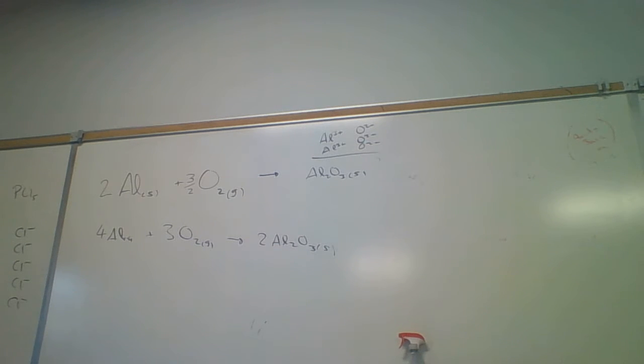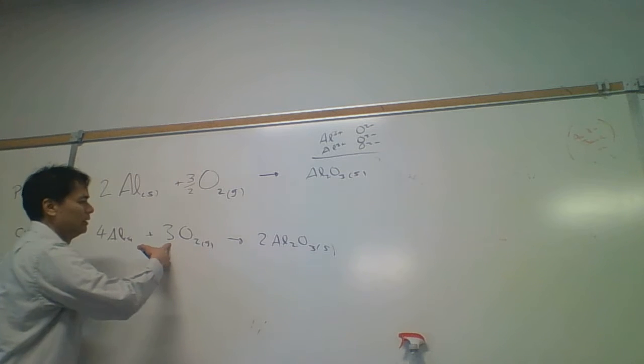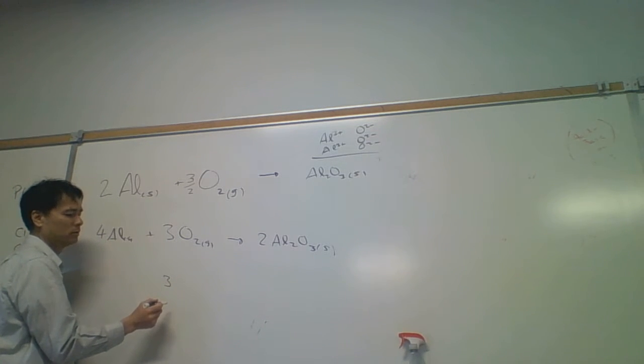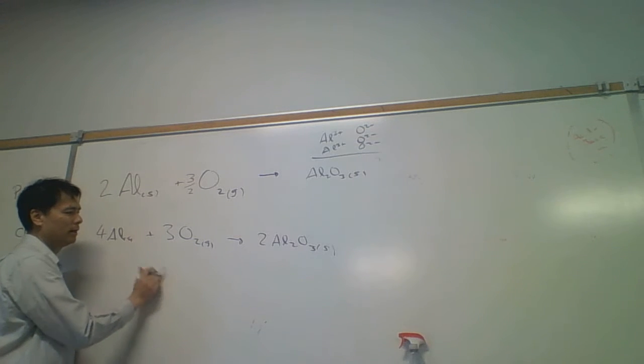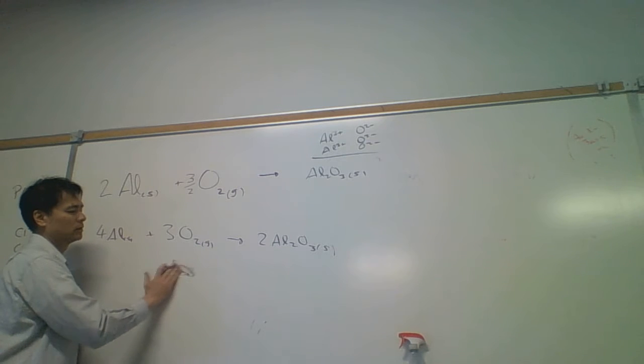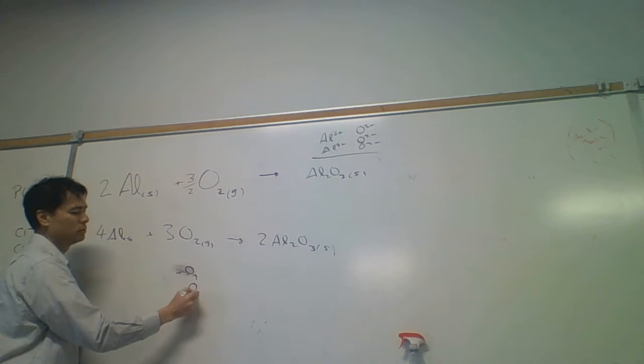So the coefficient can be either or, right? Like, how the oxygens, there's only 3 of them, and the second one is 6 of them? Well, here, you mean this one? Yeah. Well, we have to do this. What this means is we've got 3 O2s. Actually, I'll just write it out. O2, O2, O2.